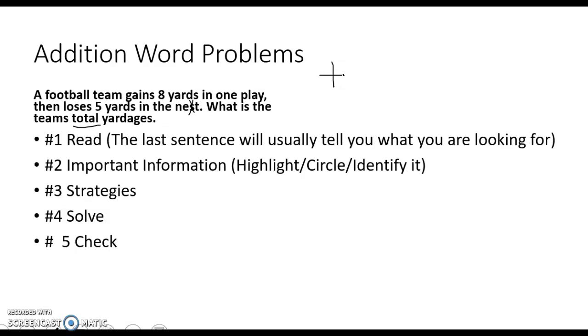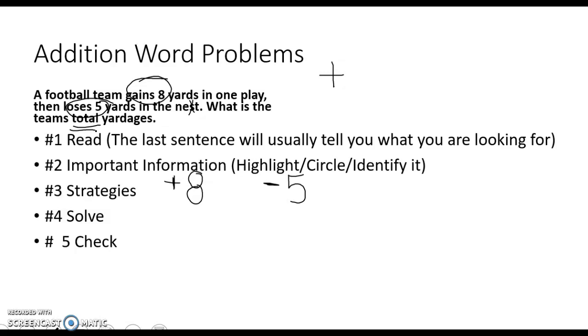Some other important information: gains 8 yards. Gains must represent a positive integer of +8. Whereas losing 5 yards, well, when we lose something, we identify that with a negative sign, so a -5. When I said total, that meant I was going to add.